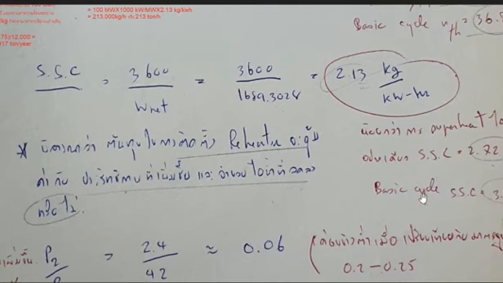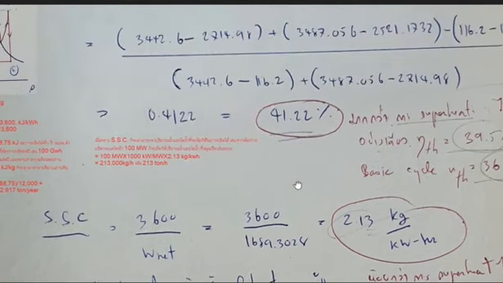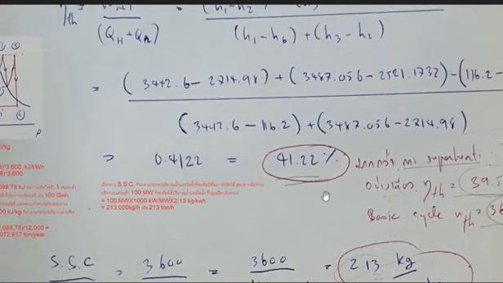And even compared to the basic cycle, with no superheating and no reheating, the specific steam consumption would be a lot higher, 3.34 kilogram per kilowatt hour. So this is why we do the superheating and the reheating: to improve the thermal efficiency, to improve the specific steam consumption, and you can see that it will improve the heat rate as well.